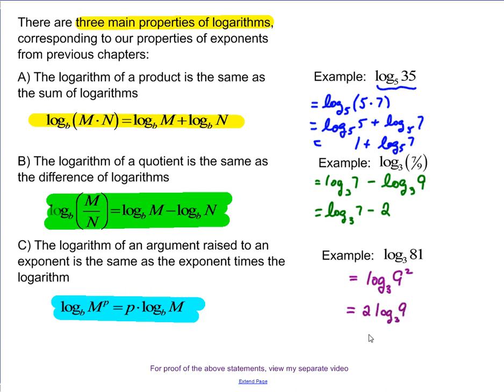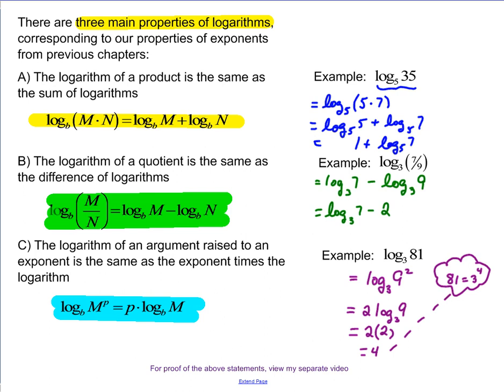Now I know what the logarithm base 3 of 9 is. That's 2. So this is like saying 2 times 2, or 4. But if I were to go back, of course, I recognize that 81 is the result of raising 3 to the 4th power. So I probably could have guessed that beforehand. Nonetheless, this is a very handy, powerful rule.